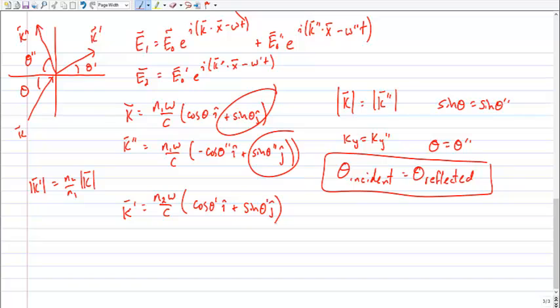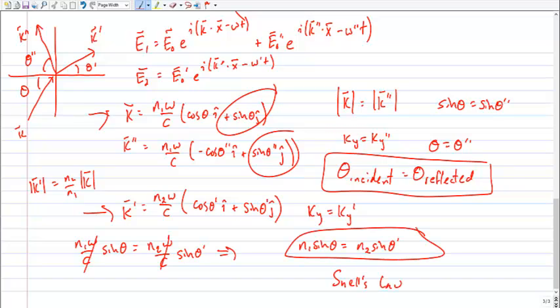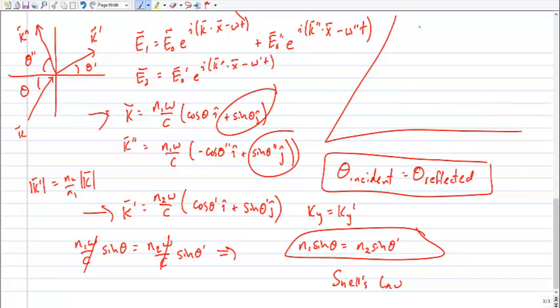We will once again exploit the fact that the y components of all of the wave vectors have to be the same, and compare k to k prime. And we're going to discover that the y component of k has to equal the y component of k prime, which gives us n1 sine theta 1 equals n2 sine theta 2, or Snell's law of refraction.